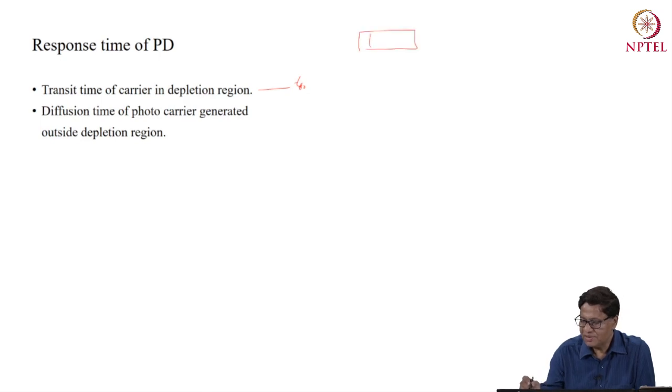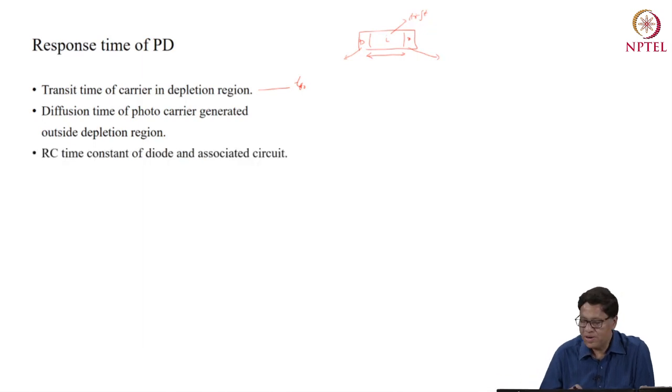Remember our structure P, N, I. So there is a diffusion component here, there is a diffusion component here, there is a drift component here. So this response time will depend on the diffusion time of the photocarriers which are generated outside the depletion region, which is my I region here.